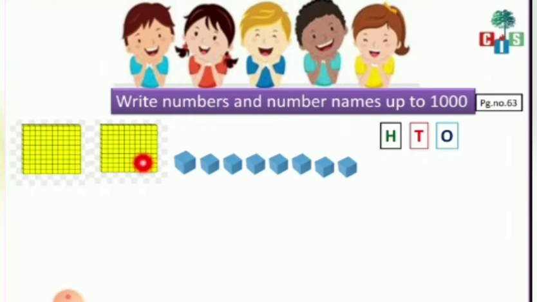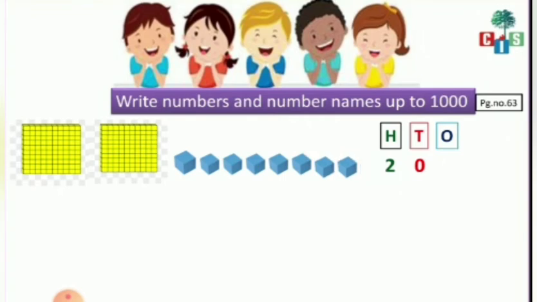Now let's see how many hundreds are there. 1, 2. I have written 2 just below the 100. But do I have any tens over here? No. So what I have to write? 0. But I have ones. So let's count. 1, 2, 3, 4, 5, 6, 7, 8.